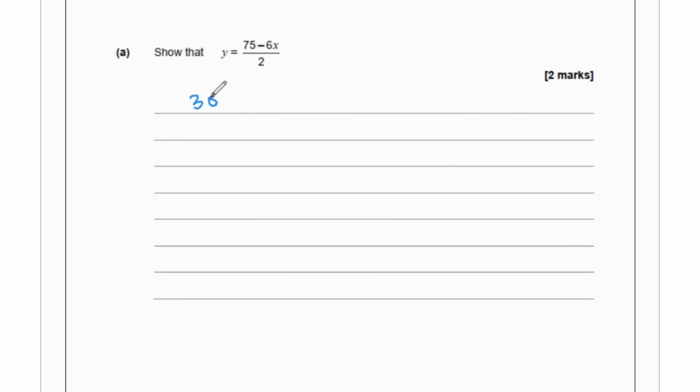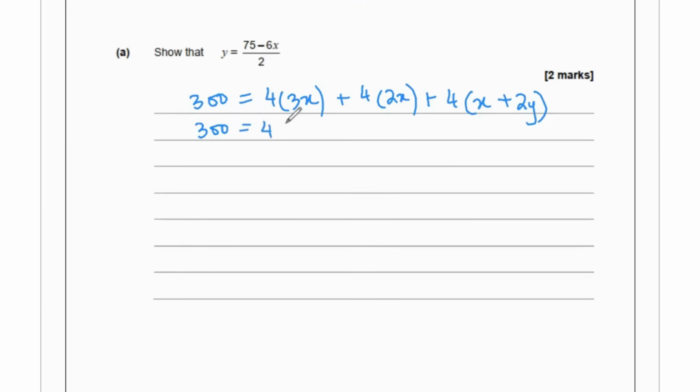So 300 equals 4 times 3x plus 4 times 2x plus 4 times x plus 2y. I'm going to take 4 common from the entire equation. So that's 3x plus 2x plus x plus 2y in the bracket. 300 divided by 4 equals 6x plus 2y.